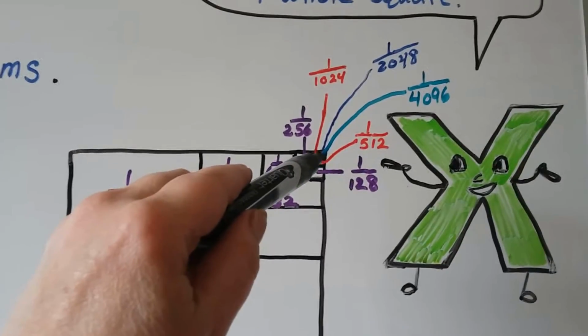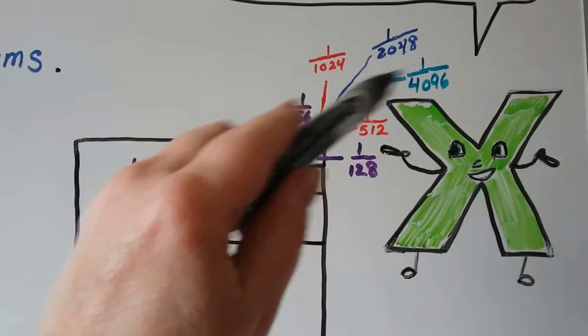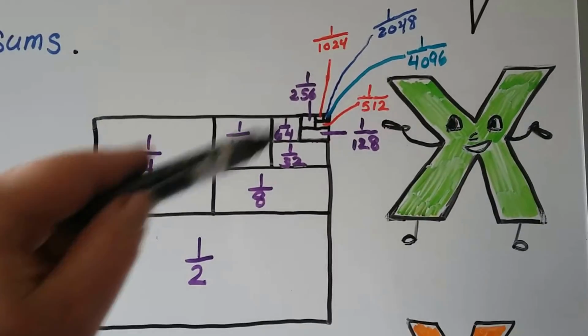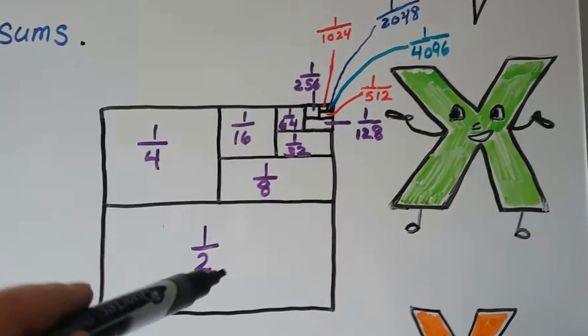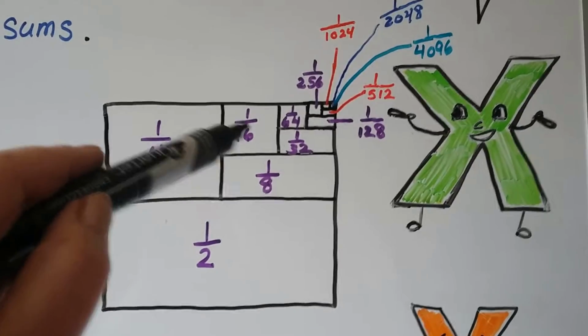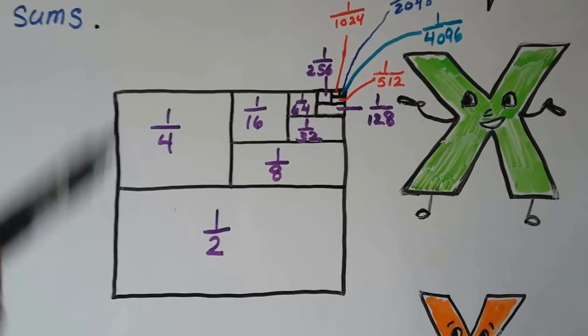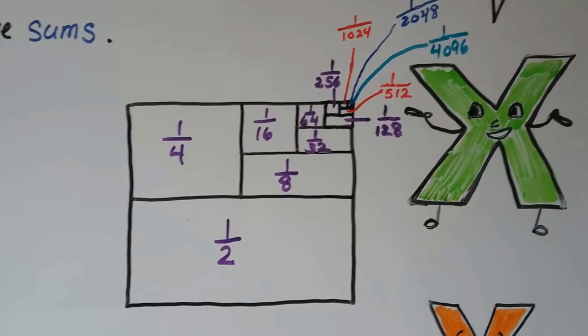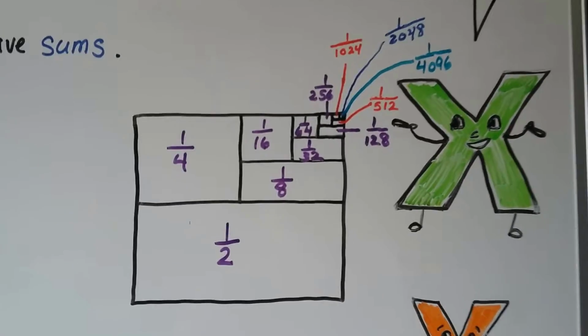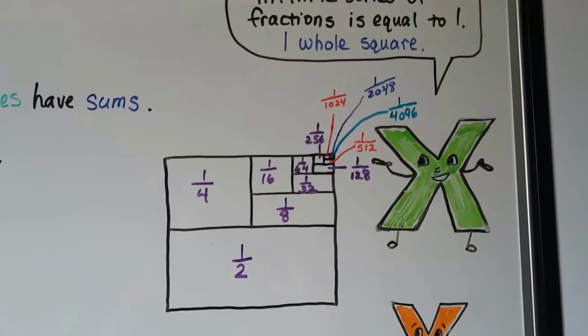If my marker was small enough, I could have kept going, couldn't I? When we add all of these together infinitely, half plus fourth plus eighth plus 16th, we end up with 1 whole square. See? We get a 1. All right? Does that make sense?